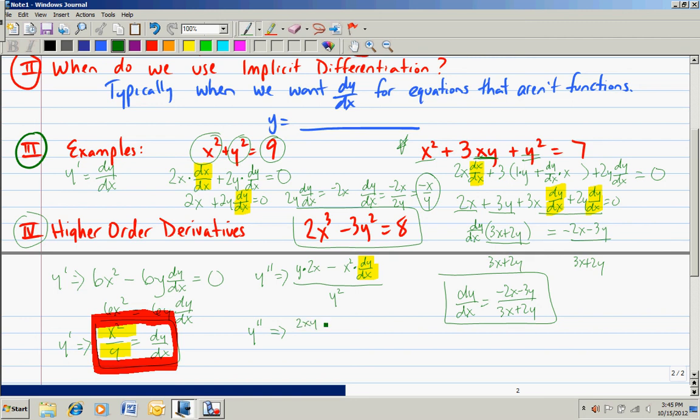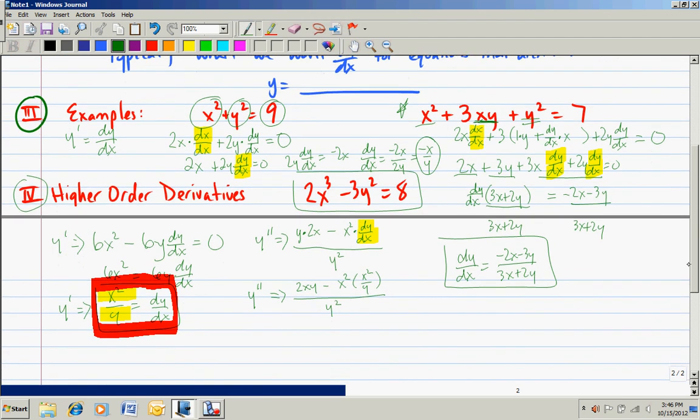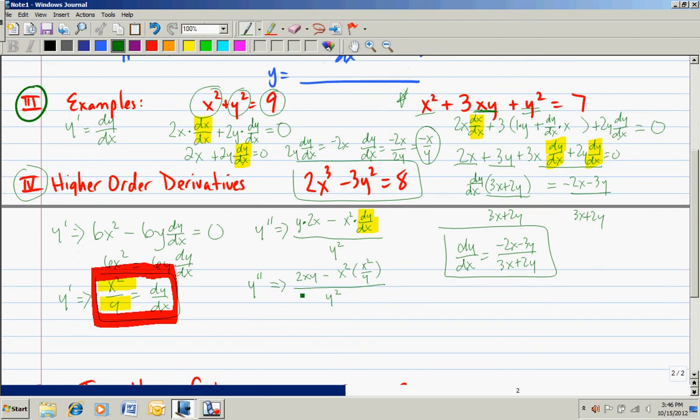dy/dx is actually x squared over y. So this can be simplified as 2xy minus x squared times x squared over y, all over y squared. Now I've got a fraction inside of a fraction, so I actually want to do a little work to simplify this, to clean this up. So this would be 2xy minus x to the fourth over y, and I'm going to write this as divided by y squared.